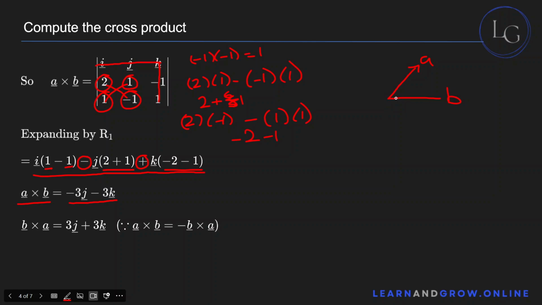So whatever result you get, the vector of B cross A will be in the exact opposite direction, which is why negative A cross B is equal to B cross A. So that's why you get 3j plus 3k instead of minus 3j minus 3k. And that's again the same rule.